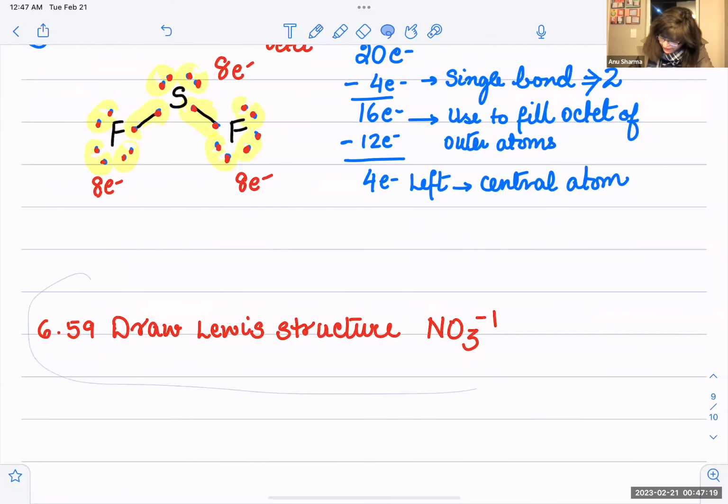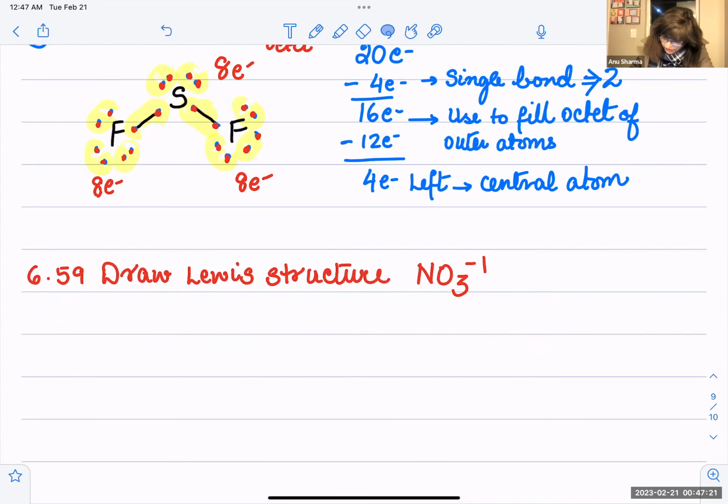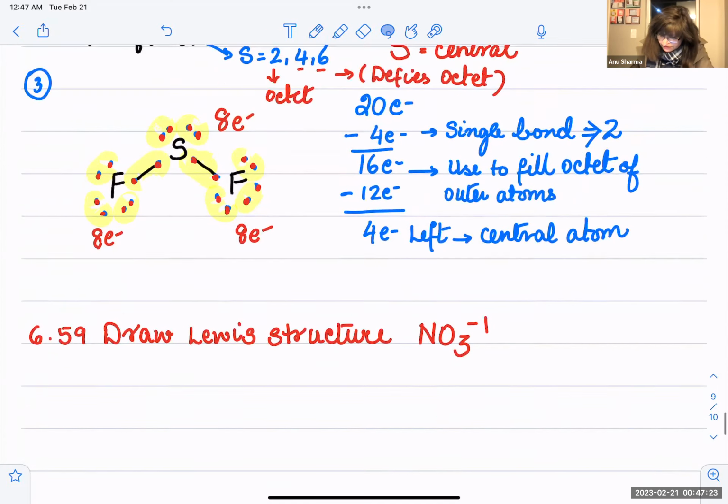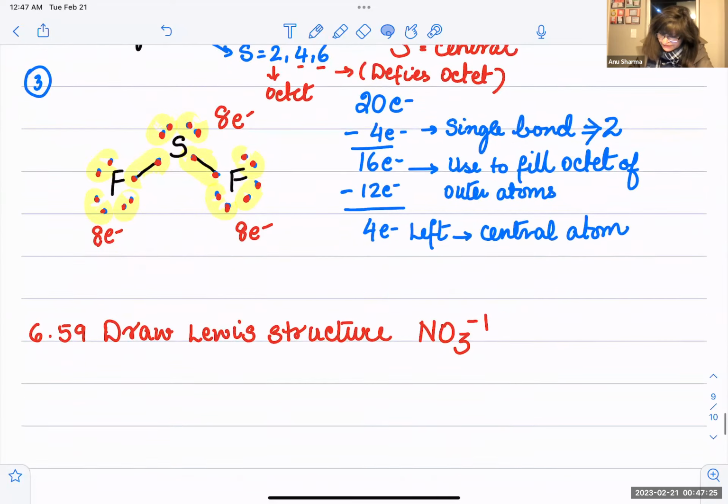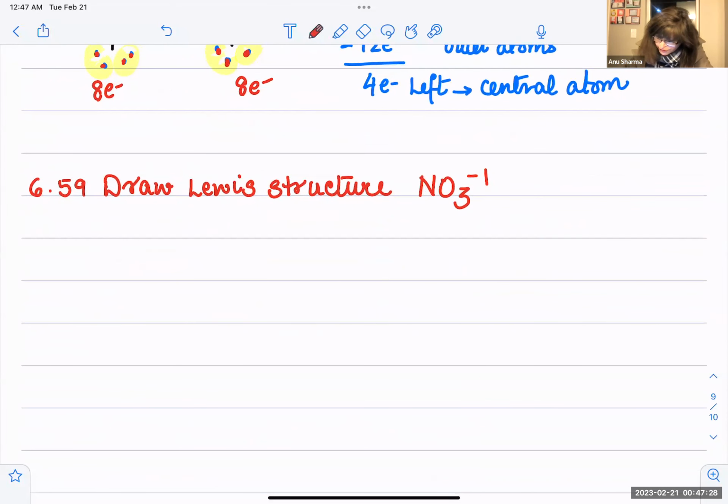Okay, next let's look at the shape of the nitrate ion. You're going to do the other questions yourself. Now, same story here. The first rule is to calculate the total valence electrons. So you have 1 nitrogen and 3 oxygens.